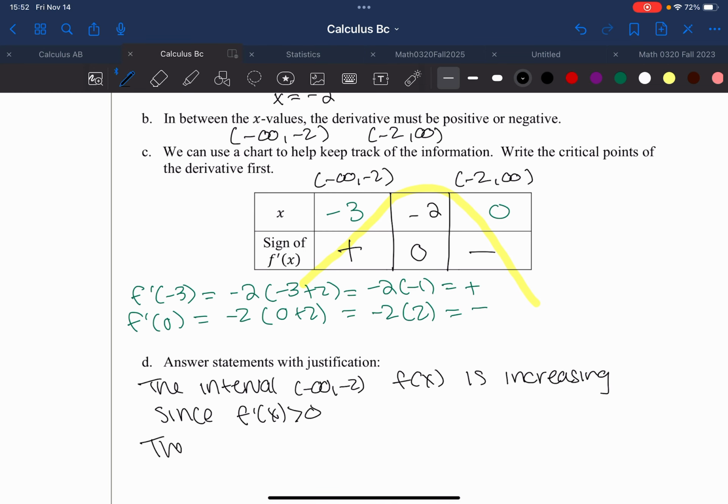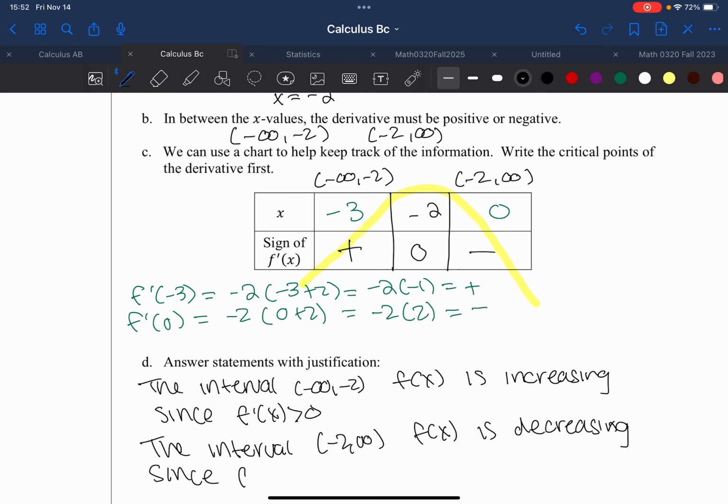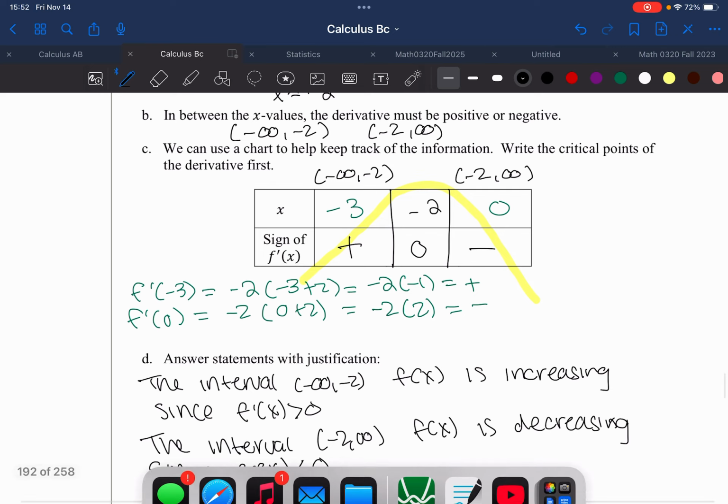Then we would say on the interval negative 2 to infinity, f of x is decreasing since the derivative f prime of x is less than 0, it's negative.